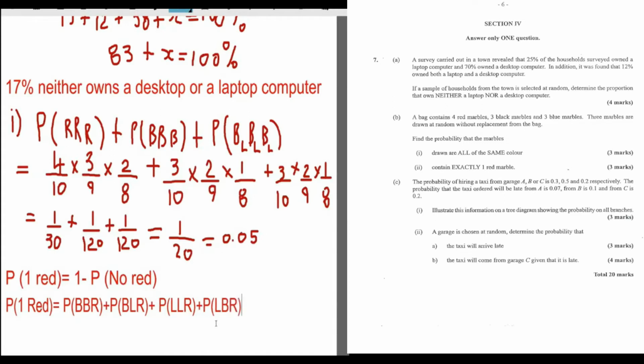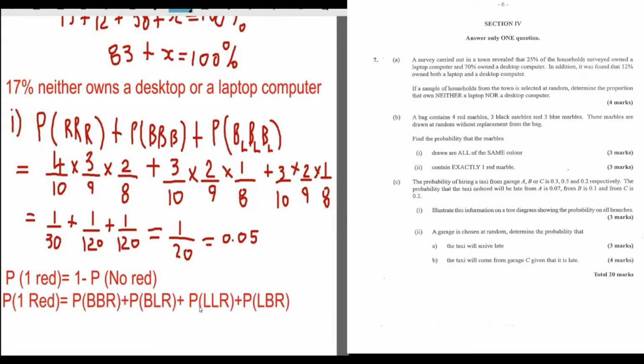That would be the probability of getting one red. So either you work it out as 1 minus the probability of no red, or as the probability of one red like this.